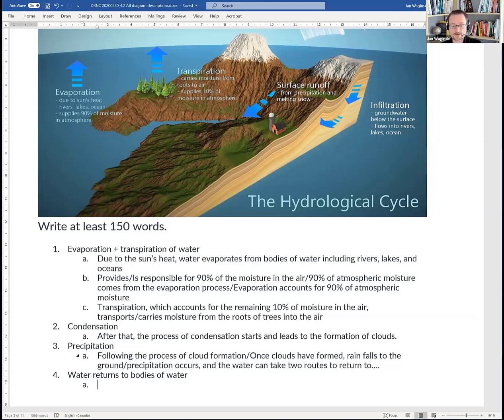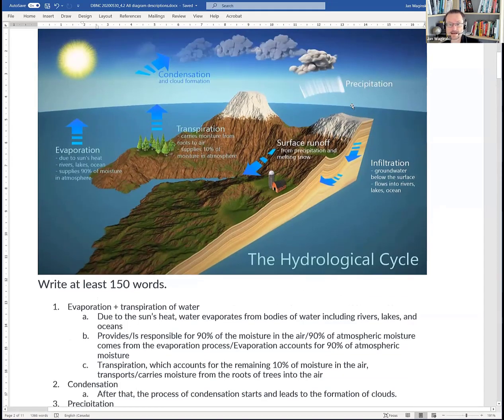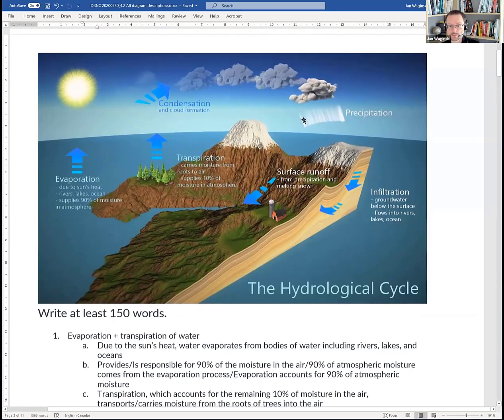So what's the first way? The water gets accumulated in water bodies? That's before. So right now we're at here. The precipitation has fallen. It's gotten to the earth. And then we've got two pathways, this one and this one.